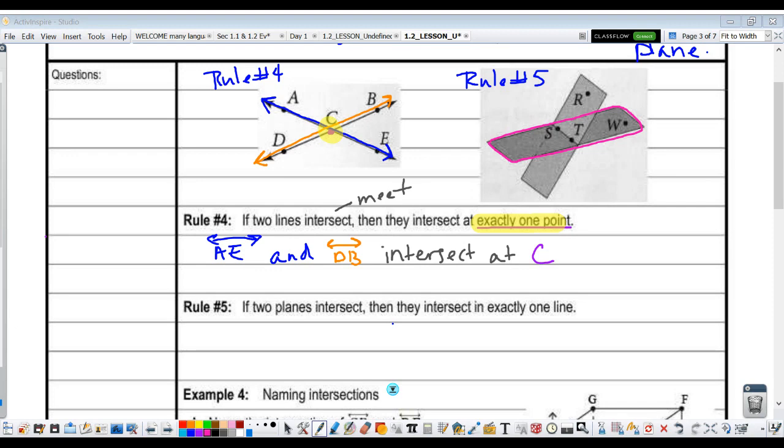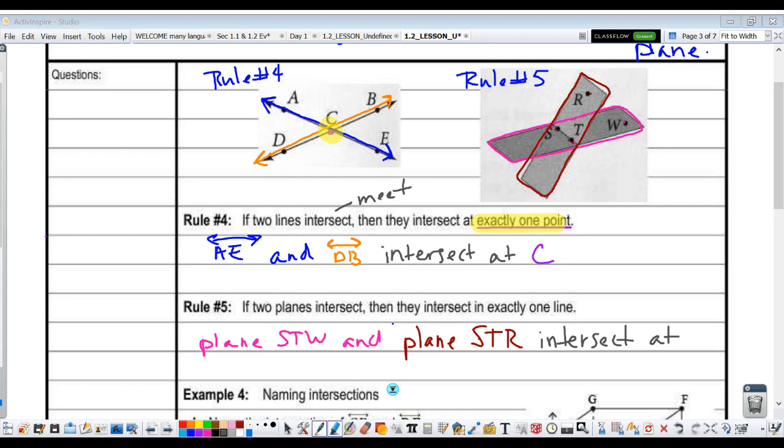So let's see, rule number 5, if two planes intersect, so here we have plane STW and plane STR intersect at, let's see where they intersect or meet.